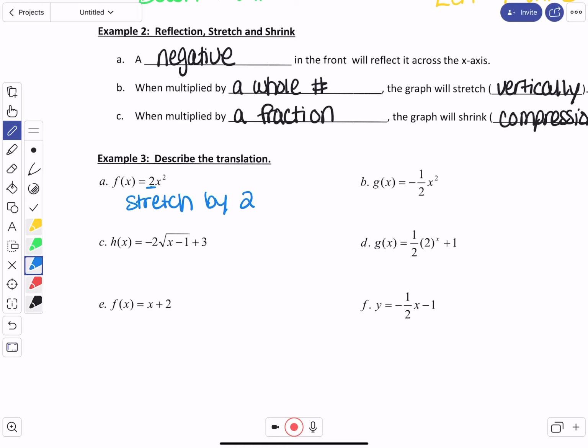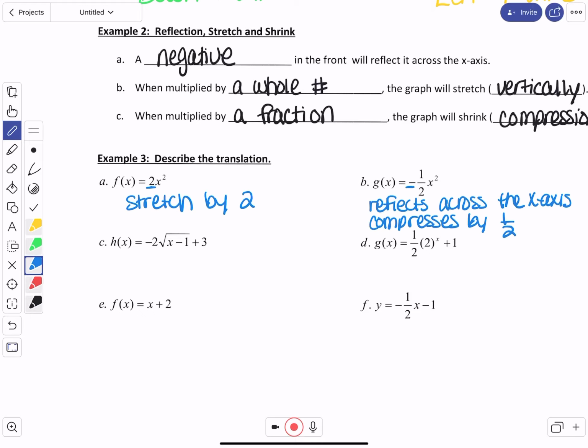On this one, you've got the negative. So it reflects across the x-axis. We also have the 1/2. So it compresses by a half. So there's 2 things going on there.